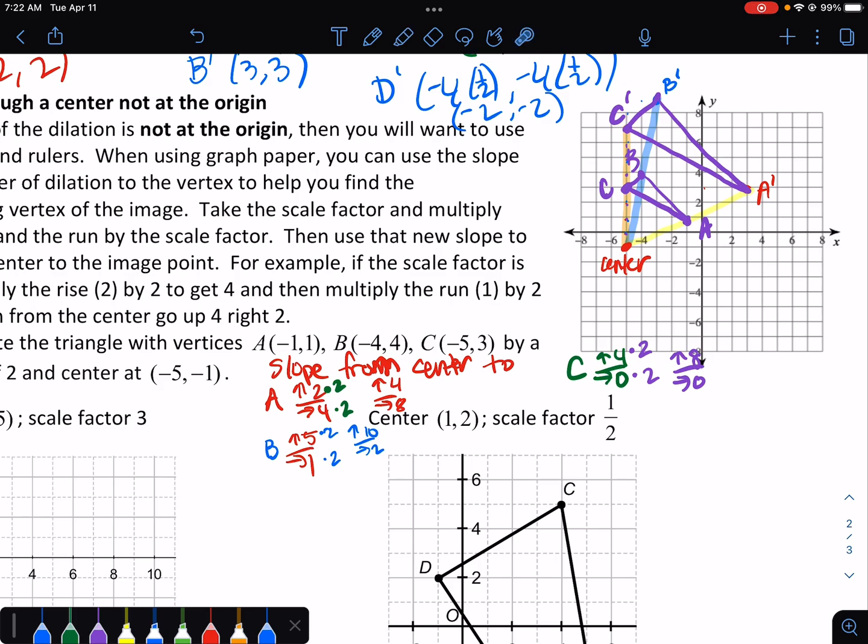Notice that would be where we're expanding and condensing it from, right? If you wanted to, you could find your lengths of these and check that it has the scale factor of 2. That's lengthy because you have to use your rise and run, or your Pythagorean theorem, or the distance formula to find those, right? So those are some quick checks to make sure that I've not done anything horribly awry.